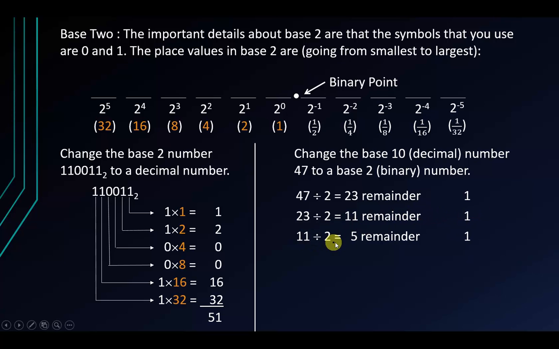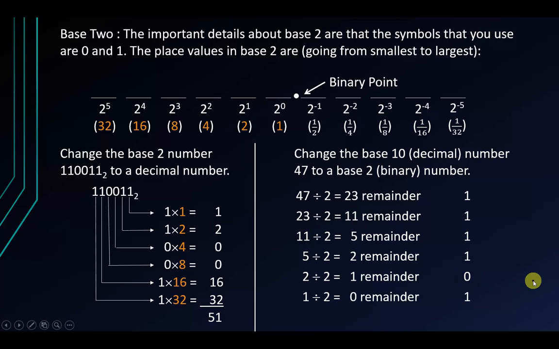Take the 11, divide it by 2. We get 5 with a remainder of 1. 5 divided by 2, 4 with a remainder of 1. 2 divided by 2 is 1, and there's no remainder. Finally, 1 divided by 2 is 0 with a remainder of 1.